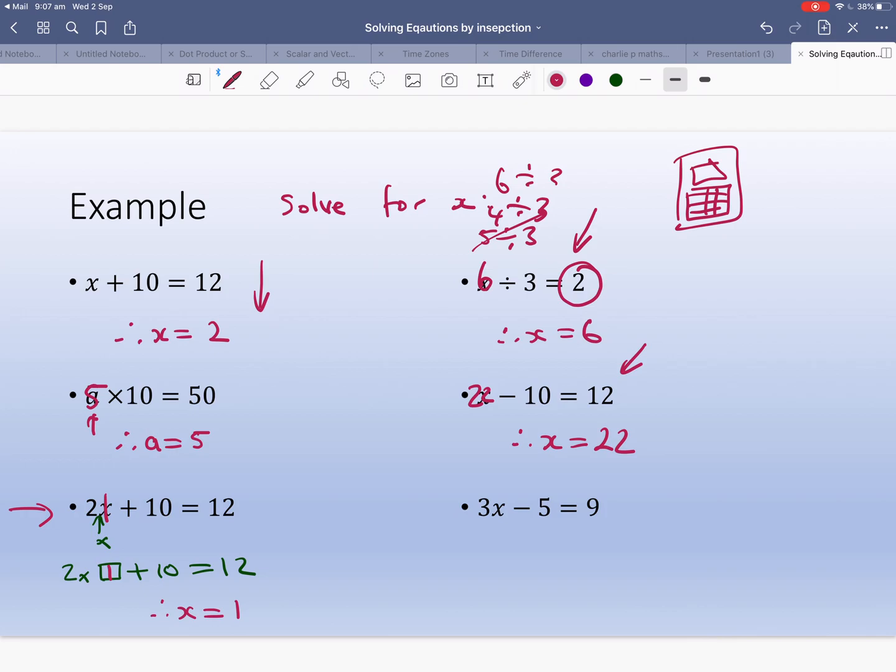What about this next one? I'm not going to write box, I'm just going to rewrite it. 3 times x minus 5 equals 9. Well, what number minus 5 equals 9? Well, if I go 14 minus 5, that equals 9.